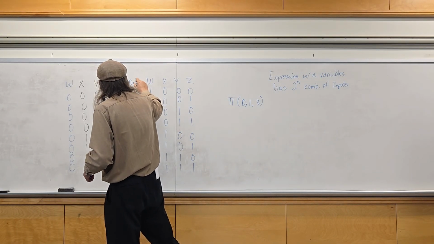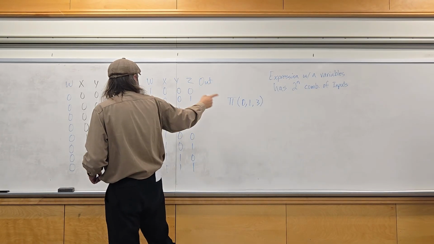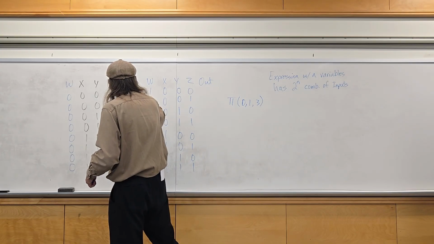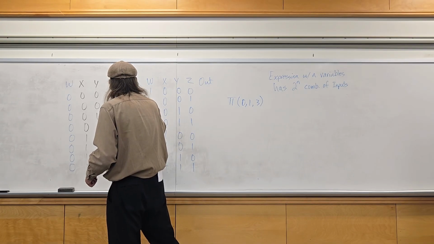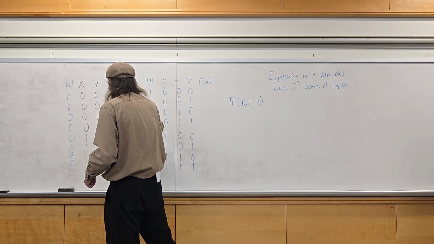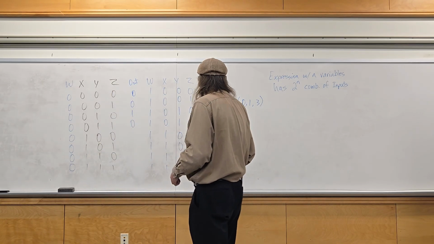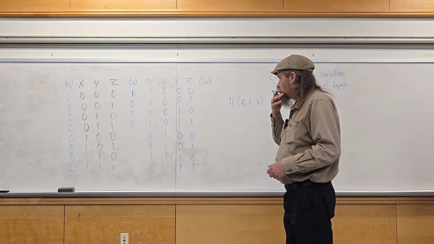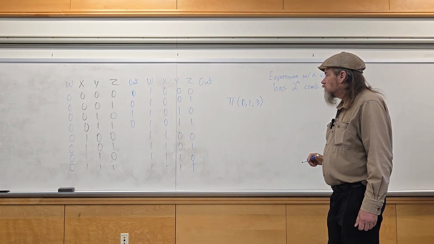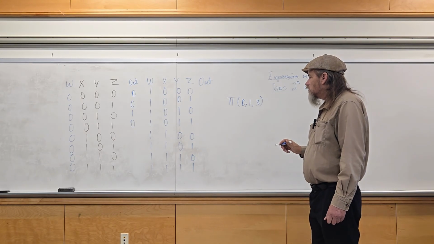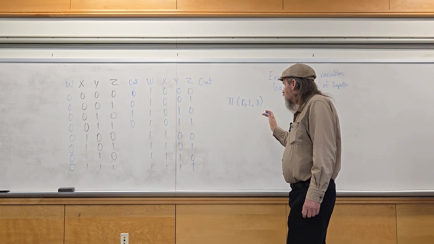The outs, this would be 0, would be 0, 0, 1, 0, and then, no, I'm sorry, there'd be ones for the rest of them.